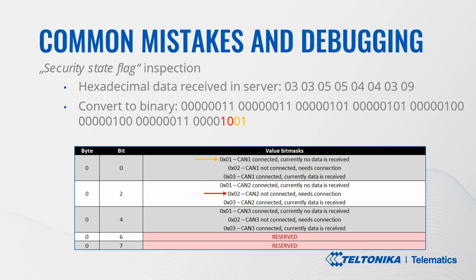Also, you can have a response of 0, 2 in decimal, which would mean that CAN 2 is not connected and requires connection. This means that the unit has checked the requirement of connection for that specific CAN line according to the program number. However, no data is received. And lastly, you will have a confirmation if CAN 1 is connected and currently data is received, when the required CAN line is connected correctly, and you should be able to receive the data sent by the unit.